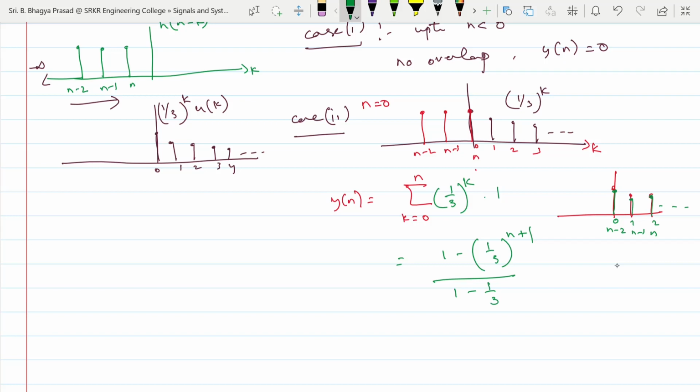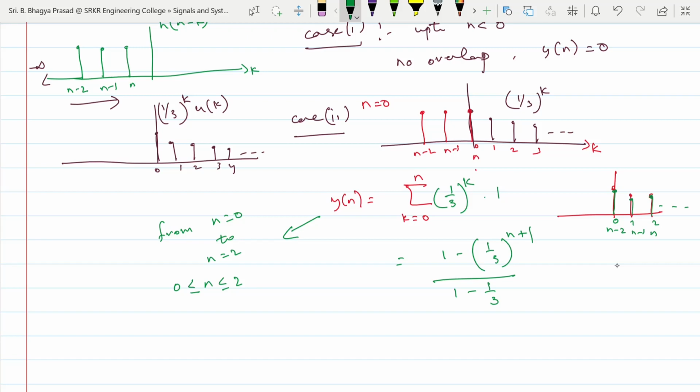This expression holds from n equal to 0 to n equal to 2, that is for n greater than or equal to 0 and less than or equal to 2, for these 3 points, n equal to 0, 1 and 2 only.